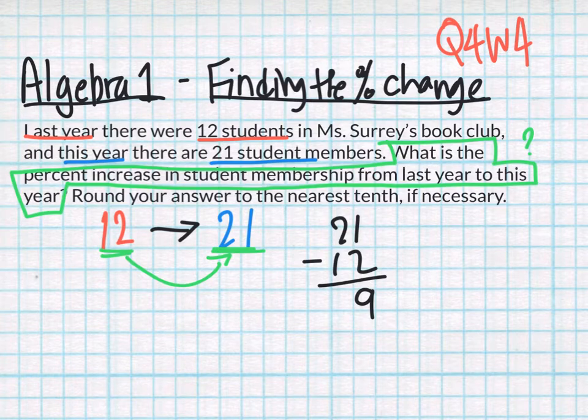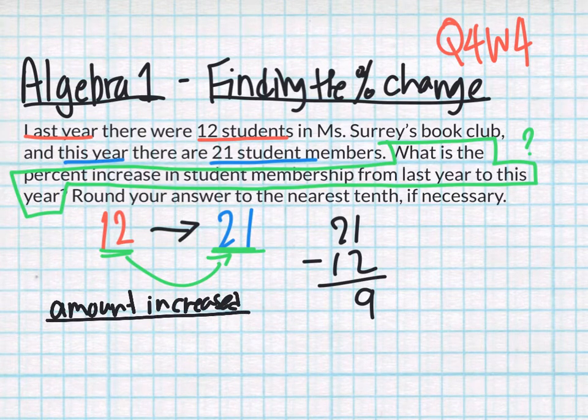So it increased 9 students from 12 to 21. So to turn this into a percent, I'm going to have the total amount increased divided by the original total.